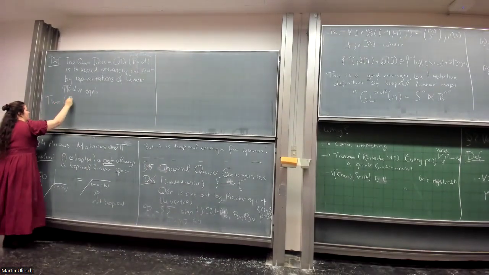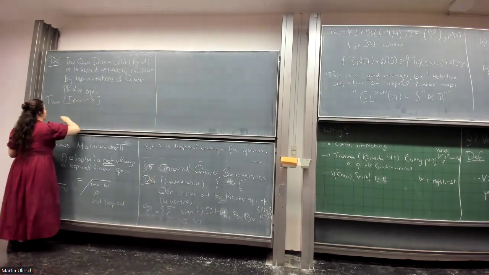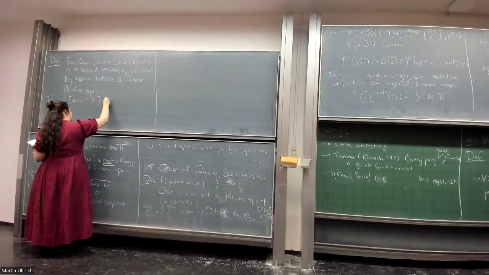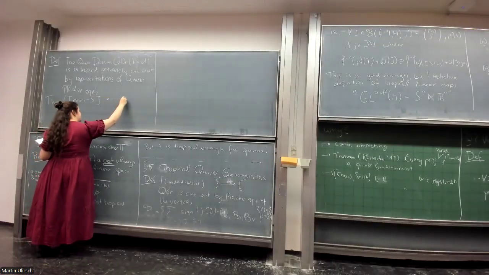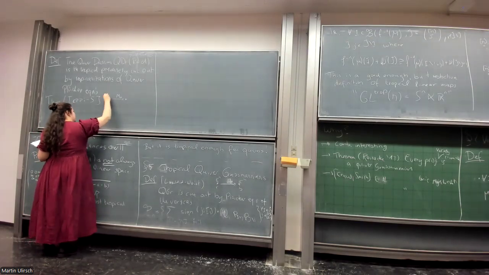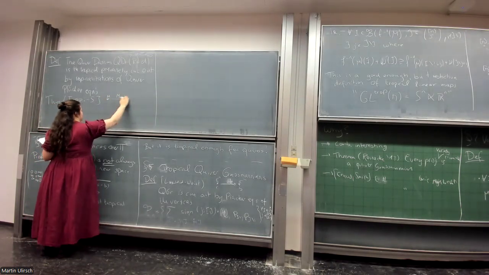So Julia and I show that if I have, in the setting here, two matroids mu assigned to mu here.